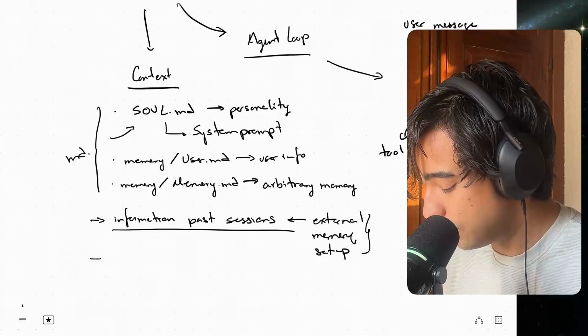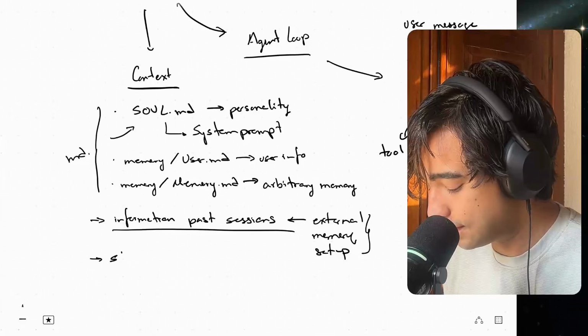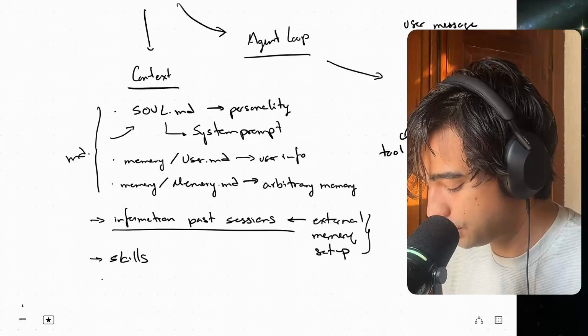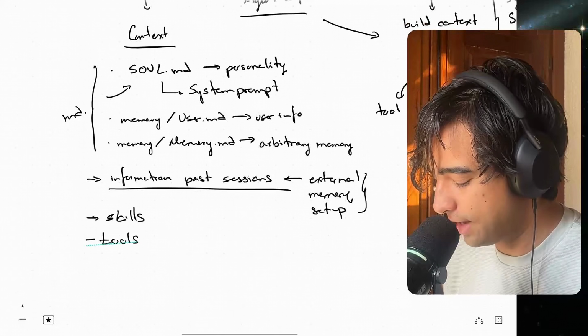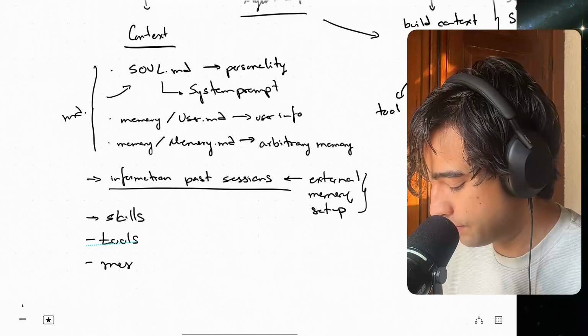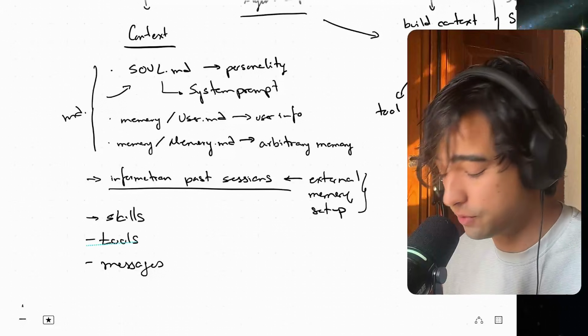After that, you will find other interesting things, such as the skill descriptions and the tools descriptions, okay? And then of course the latest messages that you have been exchanging with Hermes.